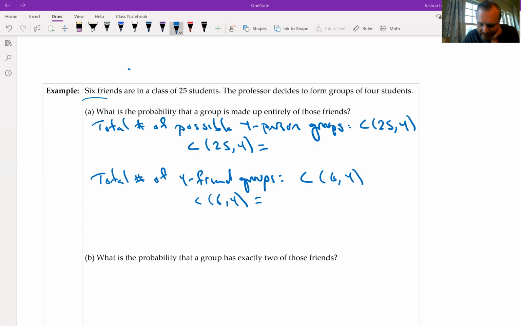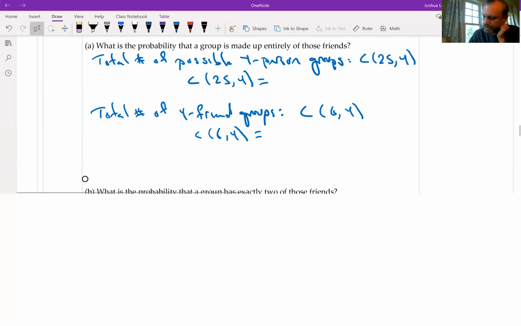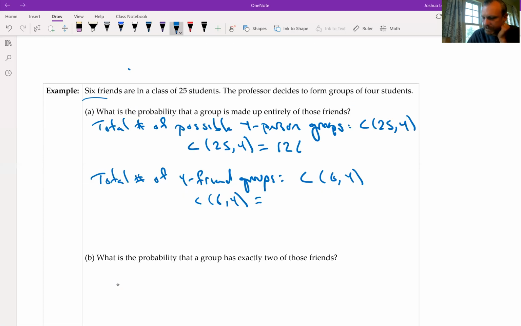So we have 25C4. I'm going to tell you what that number is momentarily. 1, 2, 6, 5, 0. So 12,650 groups. And then we're going to do 6 choose 4. 15.